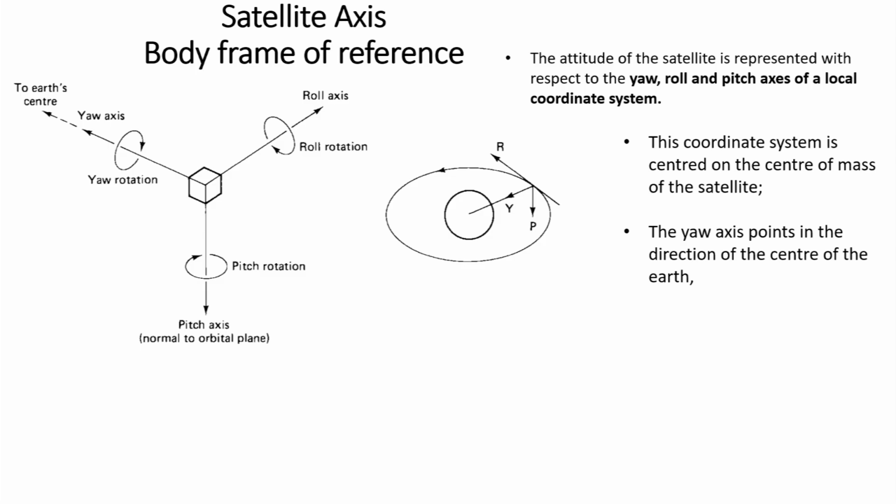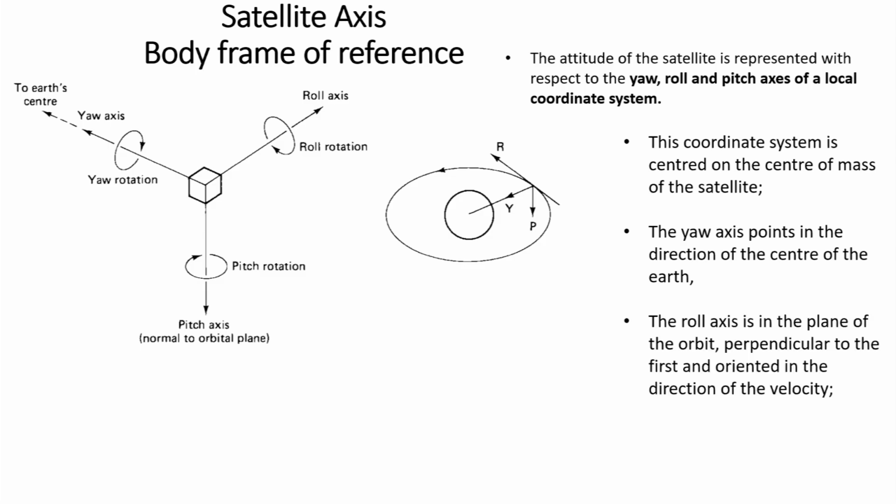Then the next is the roll axis. The roll axis will be on the plane of the orbit. The plane of the orbit is defined by the yaw axis and the roll axis; both axes are on the orbital plane. The roll axis and the yaw axis are perpendicular to each other, and the roll axis is directed towards the velocity of the satellite.